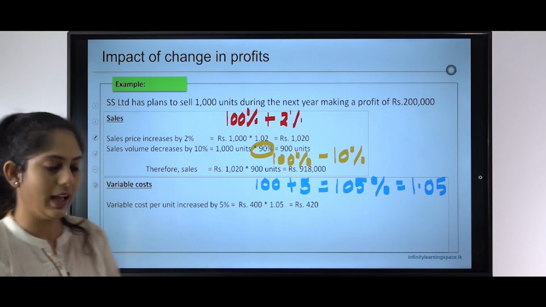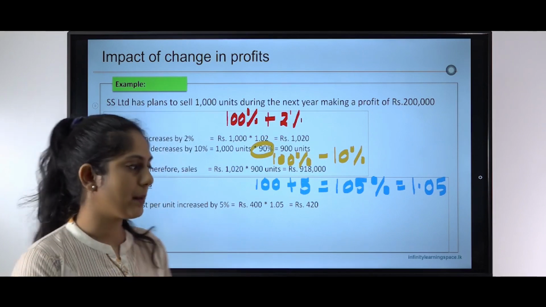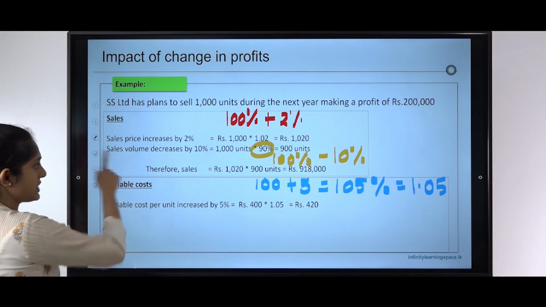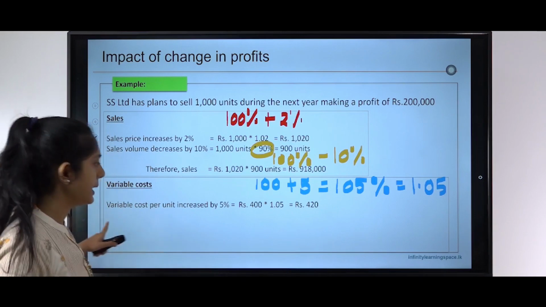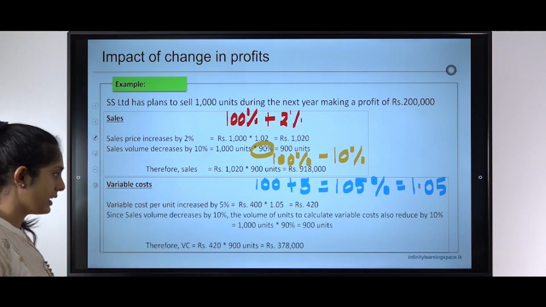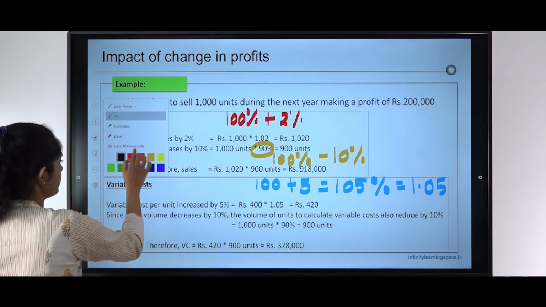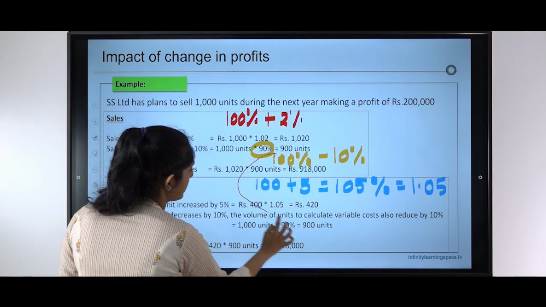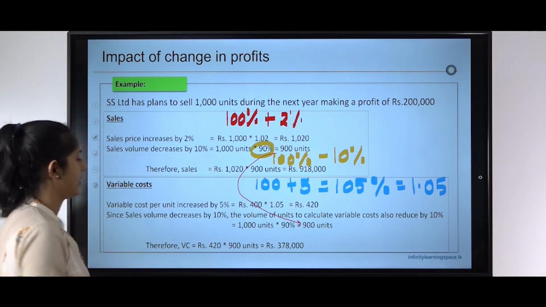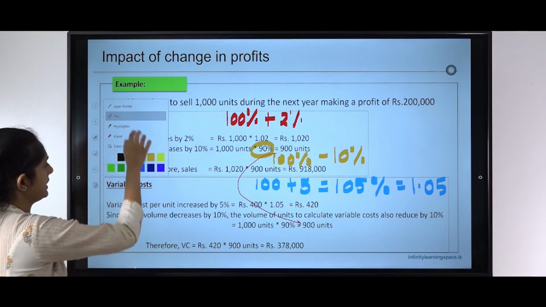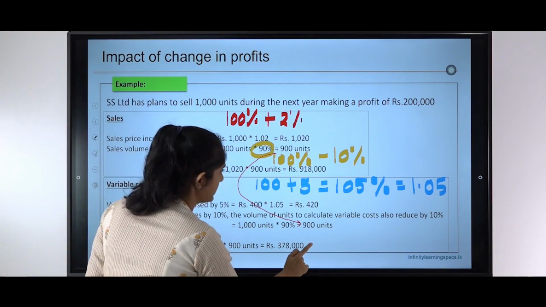Now one thing to remember, I said variable costs are costs that change with your quantity. You have to notice we changed the quantity. Sales volume reduced by 10%. So I can't keep the old quantity. I have to take the new quantity, which is 900, that comes from here, right? Use that 900 and find the variable cost as 420 into 900, which is 378,000.